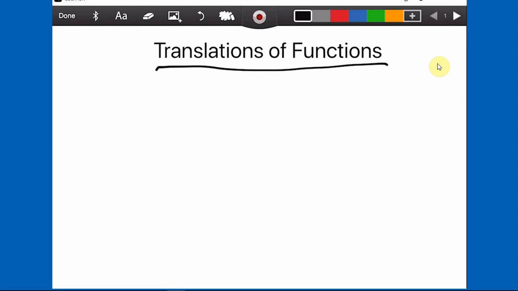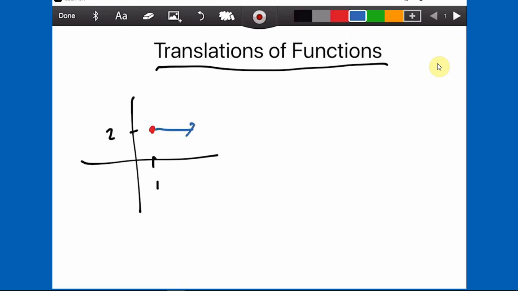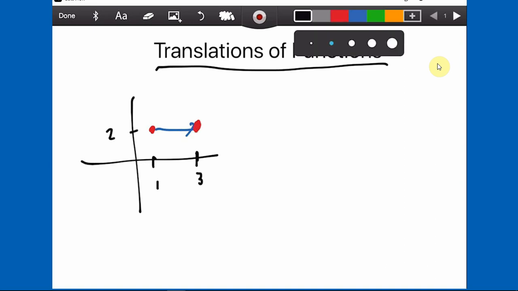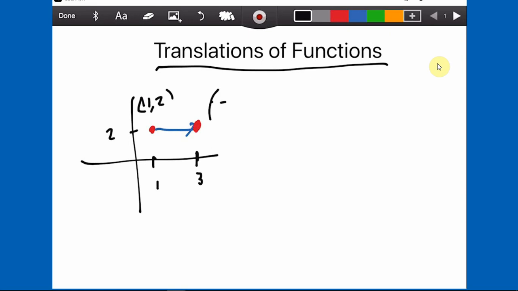So, say for example, if I've got a point 1, 2, so that's this point here, then I could translate that, and I'll translate it that way, so that it's now here, and its coordinates were 1, 2, and its coordinates are now 3, 2. So we would say that that's a translation.